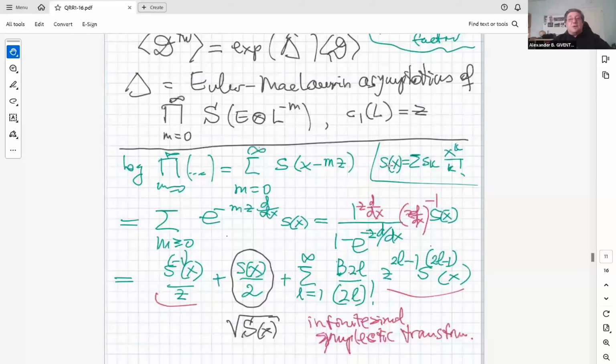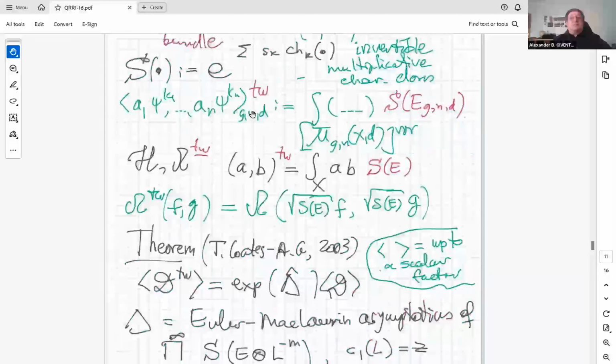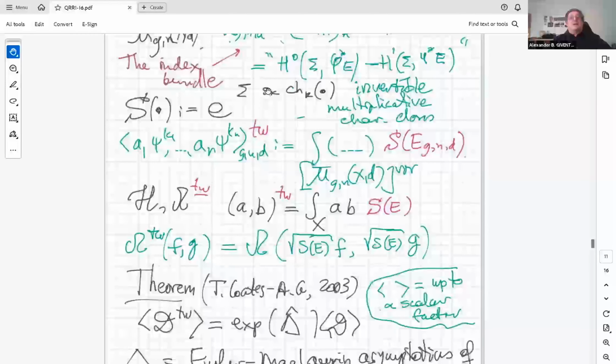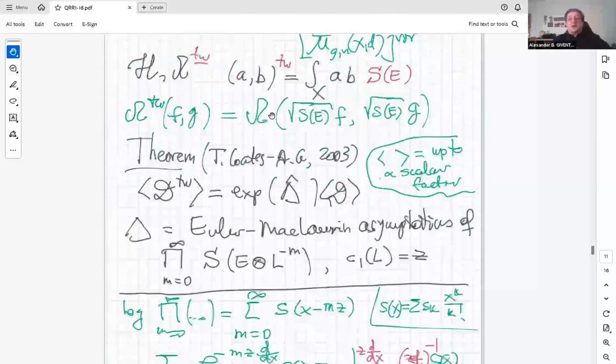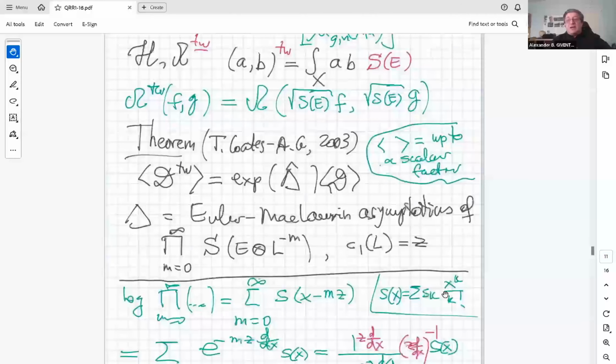Lowercase s is such that if E were a line bundle with first Chern class x, then this expression, where that's the logarithm I'm talking about, is a general linear combination of x to the k divided by k factorial, components of the Chern character of a one-dimensional bundle, and therefore the exponent would be this expression. So there is a series or function of x, a series in x with arbitrary coefficients s_k.